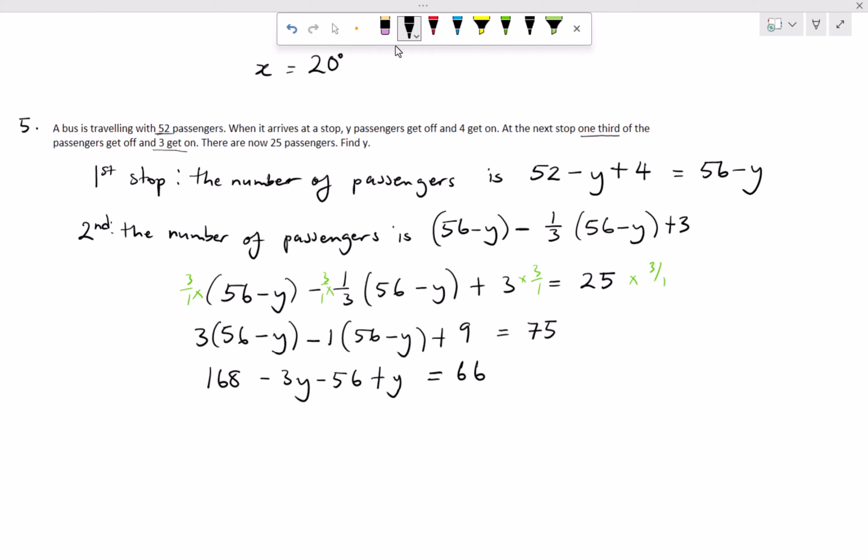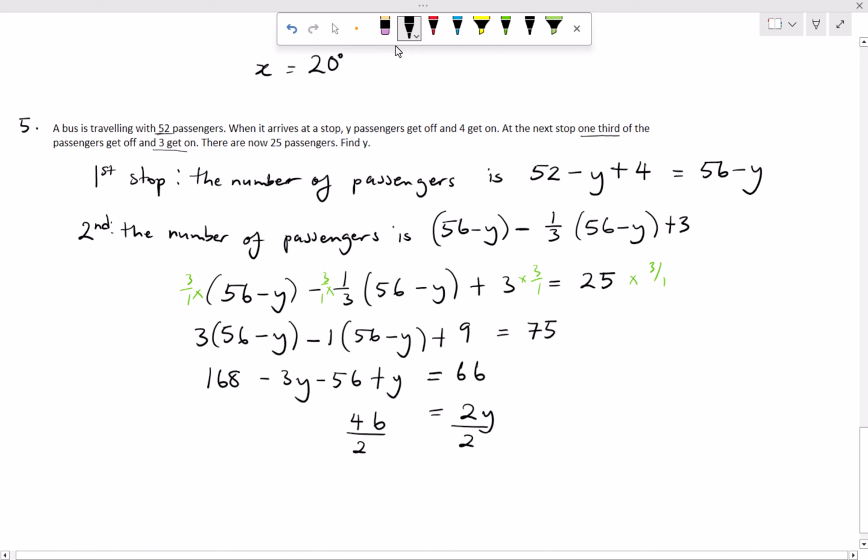Group like terms, we end up with 46 is equal to, remember, we take Y to the other side, so we have 3y minus y, that's 2y. Now we divide everything by 2, and we have y is equal to 23.